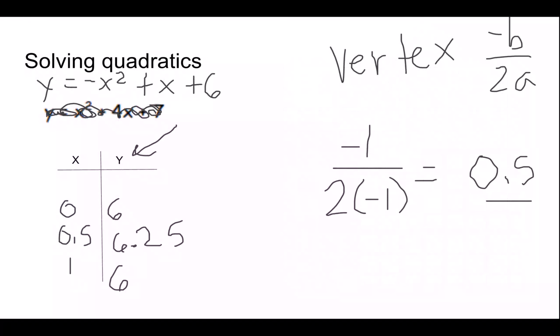The next points I would do are negative 1, and 2 on this other side, and see what that gave me. If I plug that in, that would give me 4 and 4. And again, we're still not at y being 0.